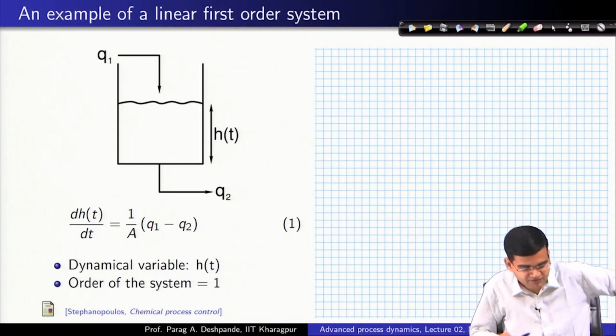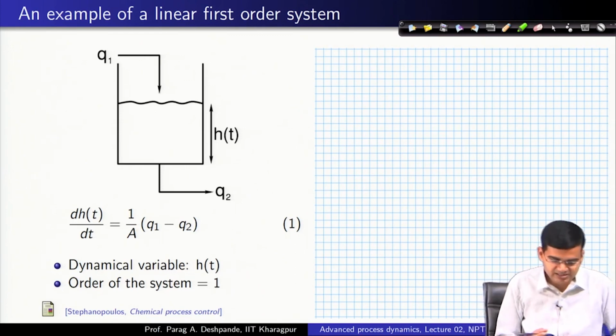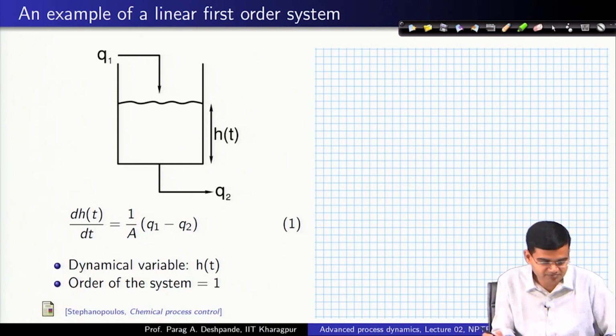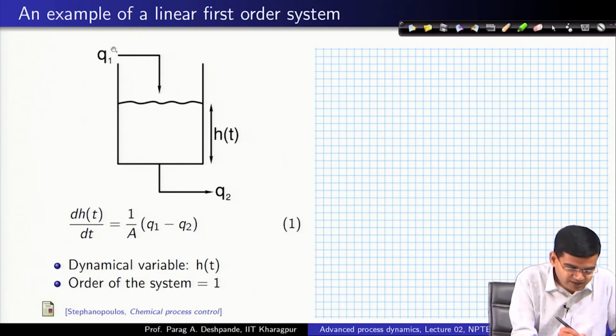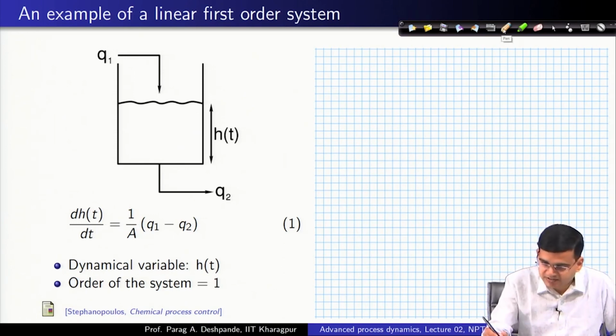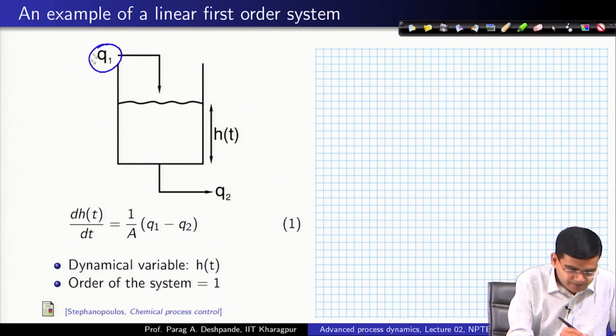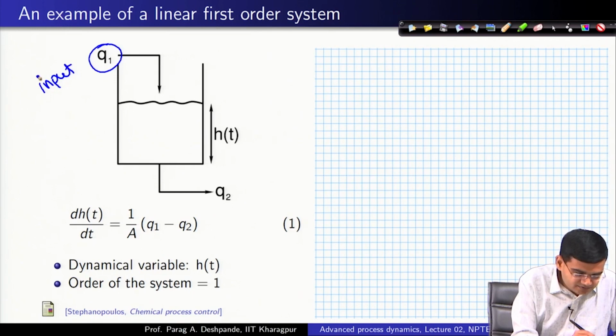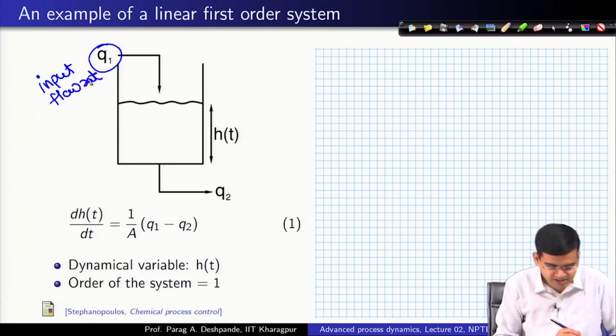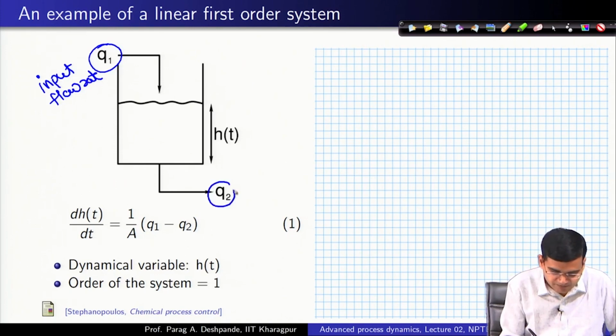So, this is the mass balance equation for this system. Let us first define the system and look at the system properly. You have q 1, which is the input flow rate, and q 2, which is the output flow rate.